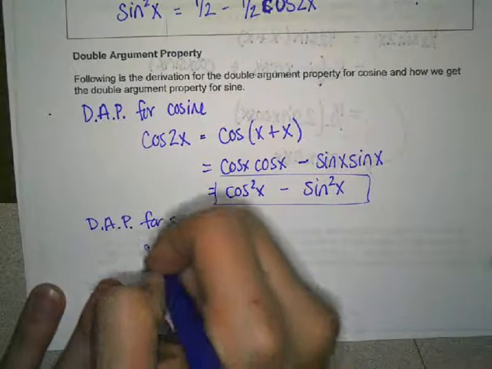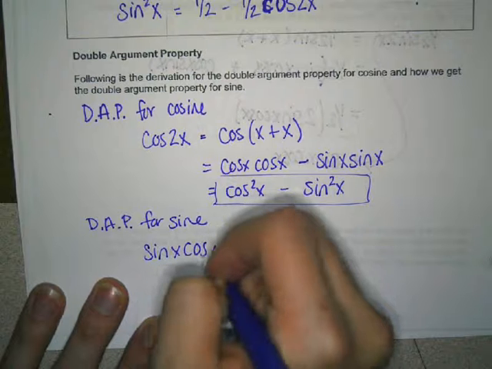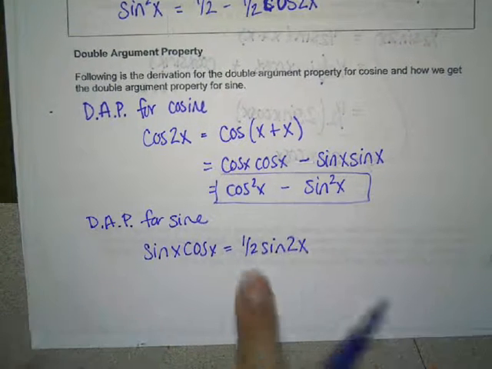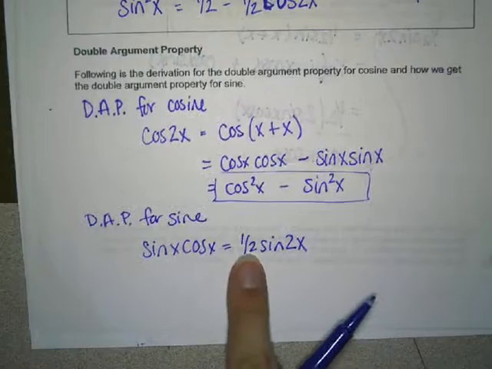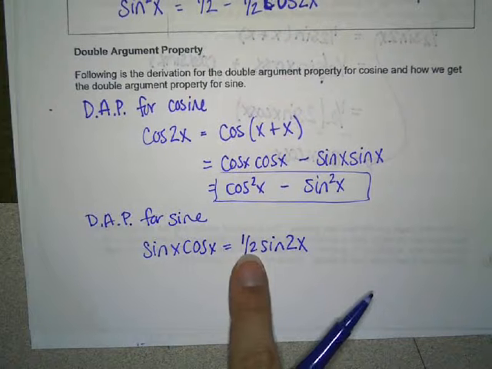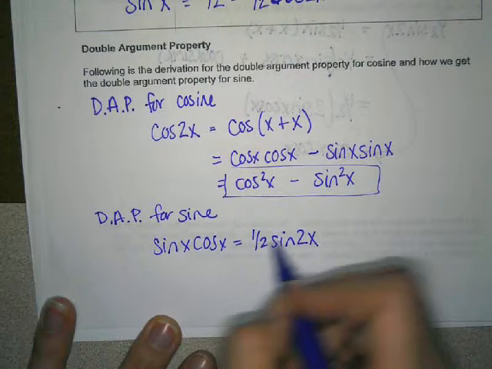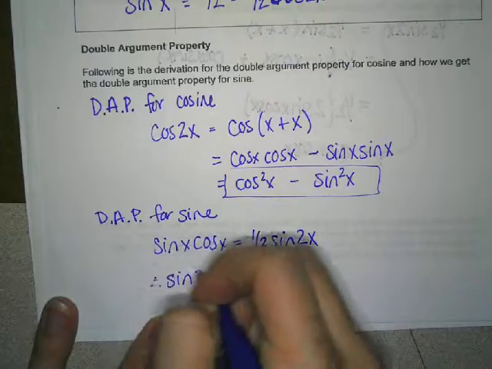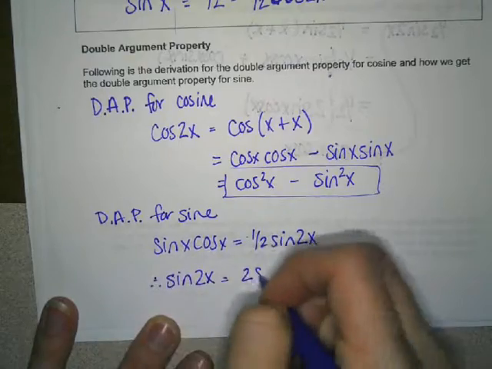But it's just a reworking of that property. And all they do here, since we've already proven it's true, now you can start moving stuff from side to side. They just get rid of that fraction by multiplying by 2. So they say, okay, if I multiply both sides by 2, then sine 2x is going to equal 2 sine x cosine x.